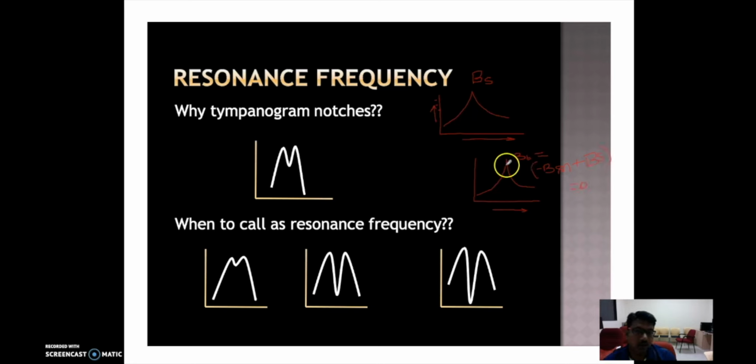And a notch in this particular graph typically happens around the static pressure, the static middle ear pressure. At that particular pressure, the contribution by B is less. That is why it notches.